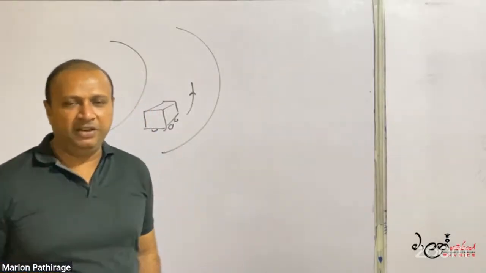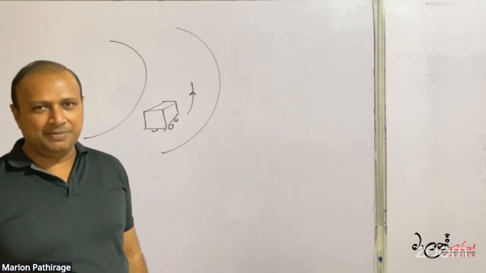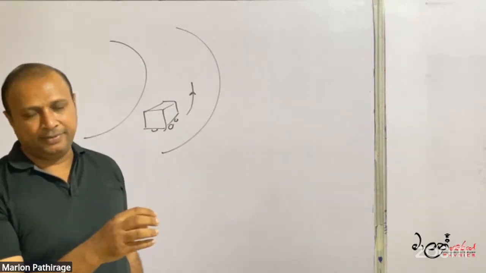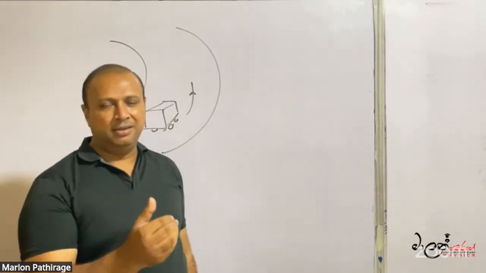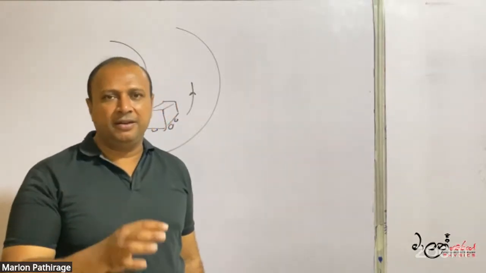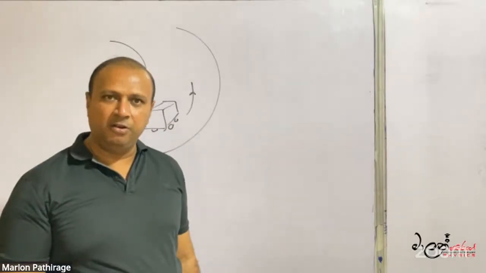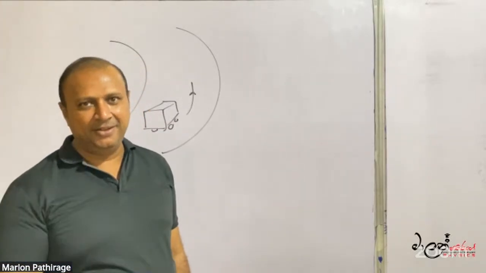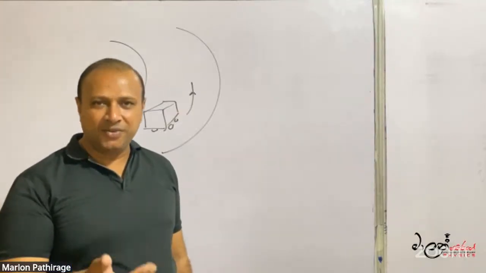If it is an MCQ question, then you can guess the answer, because in such questions you might be given the value of π. Sometimes you can take it as 3, or you can take π squared as 10.